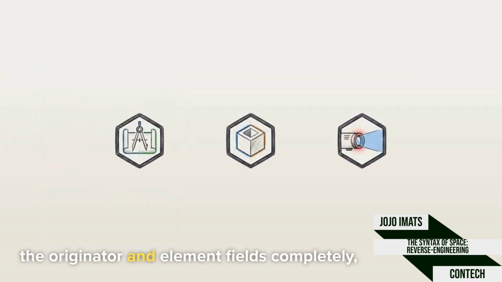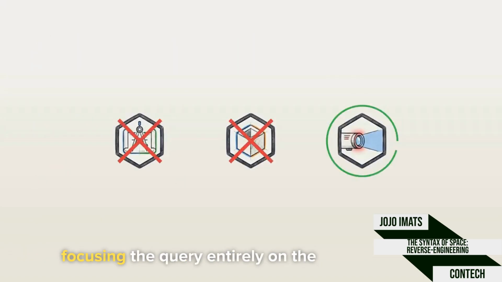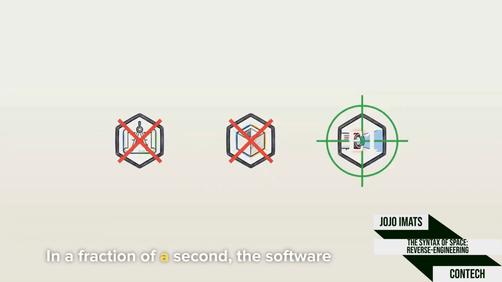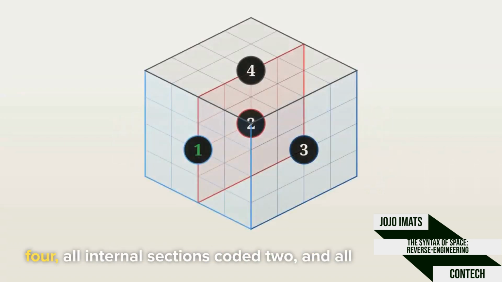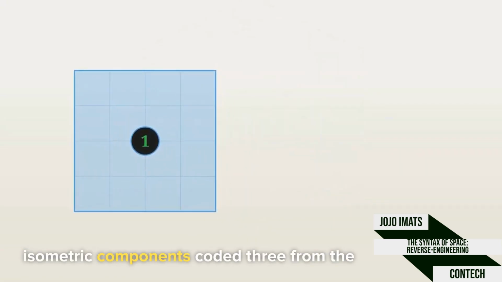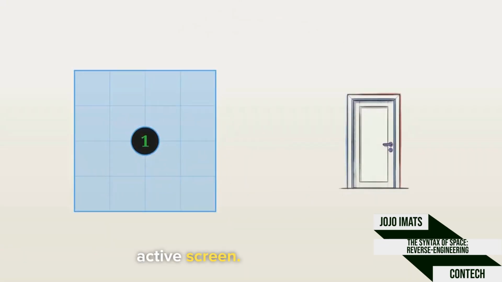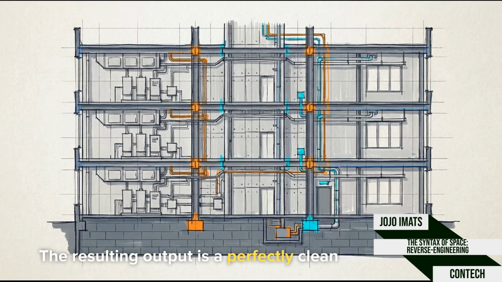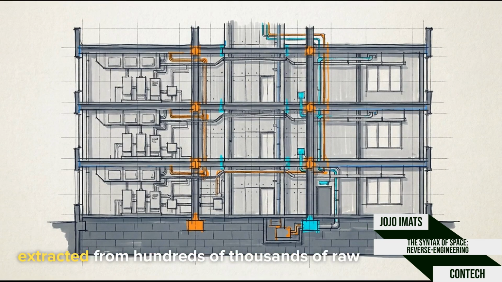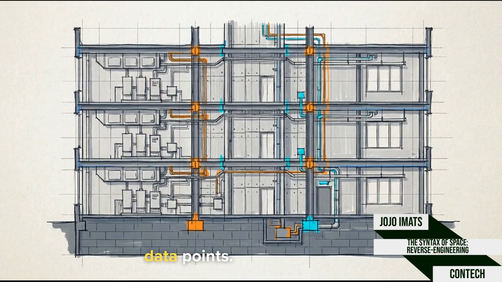The asterisk commands the software to ignore the originator and element fields completely, focusing the query entirely on the presentation data. In a fraction of a second, the software purges all top-down plan elements coded 4, all internal sections coded 2, and all isometric components coded 3 from the active screen. The resulting output is a perfectly clean, multidisciplinary elevation view, accurately extracted from hundreds of thousands of raw data points.